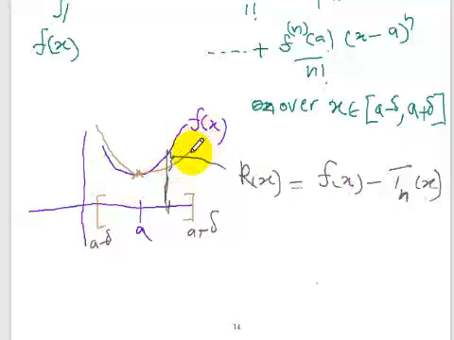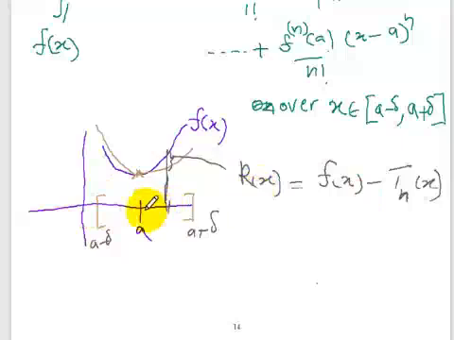Let's denote that error, the gap between those two functions, as r of x. Now we are going to investigate this error bound. We want to measure this error. How does it vary when you go away from the center? We need to get an idea about this error bound.